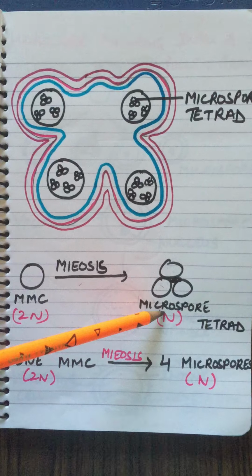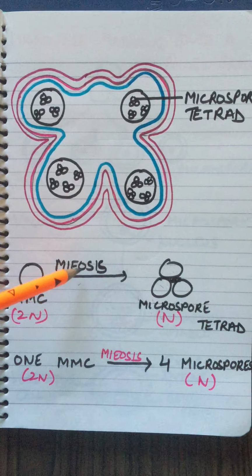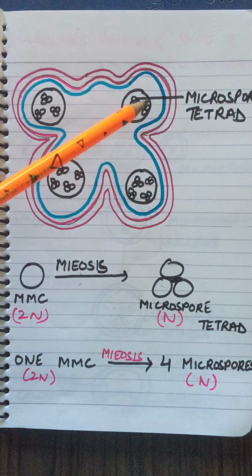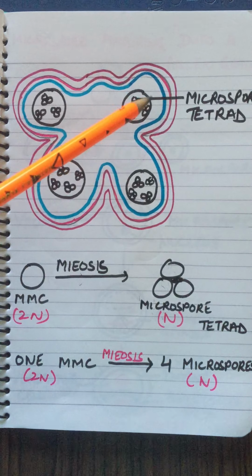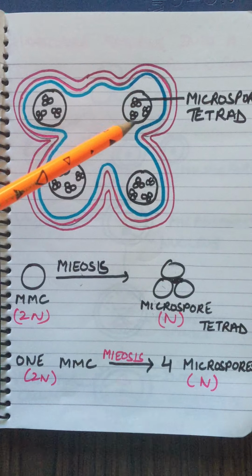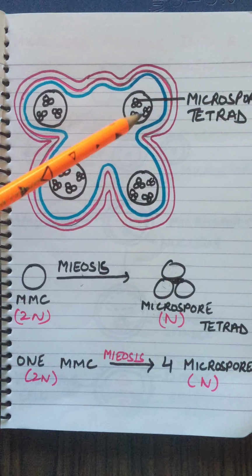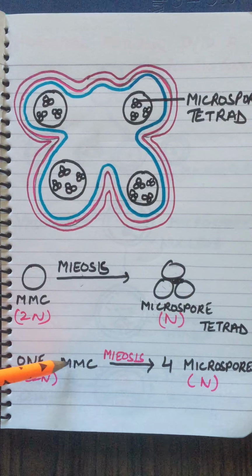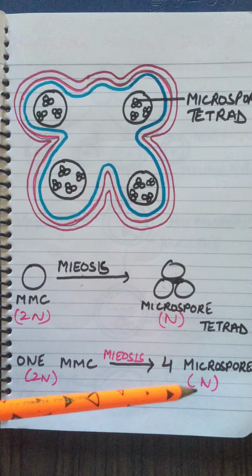Each microspore is haploid because it has been formed after meiosis. So, when all the microspore mother cells have undergone meiosis, what will be seen? Microspore tetrads. One microspore mother cell will form 4 microspores.